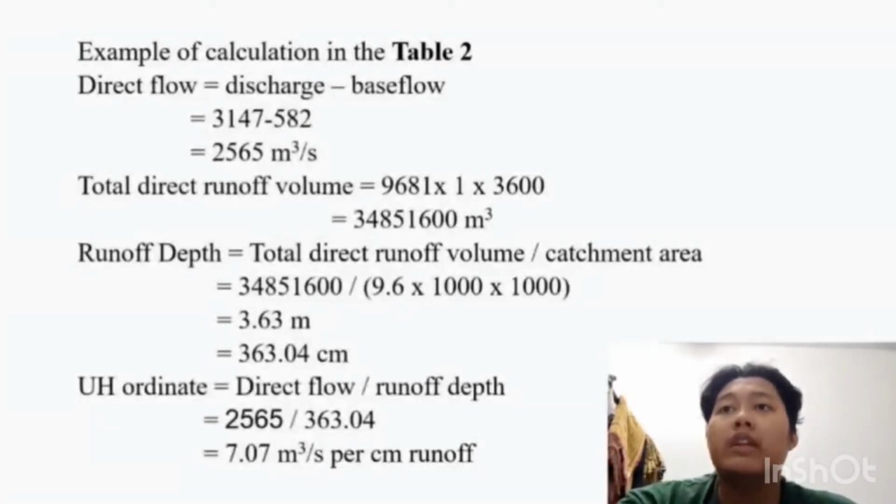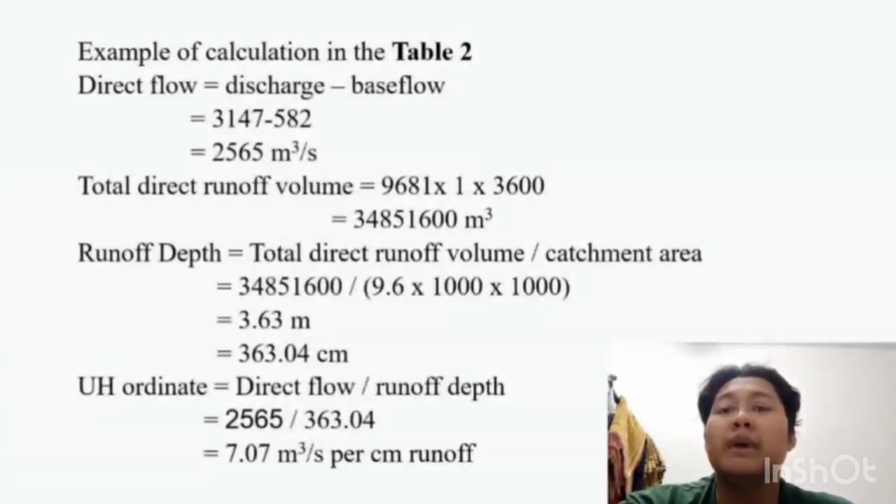For total direct runoff volume, we use the total value of direct flow. All the direct flow values we put together and total them. So we have here 9681.